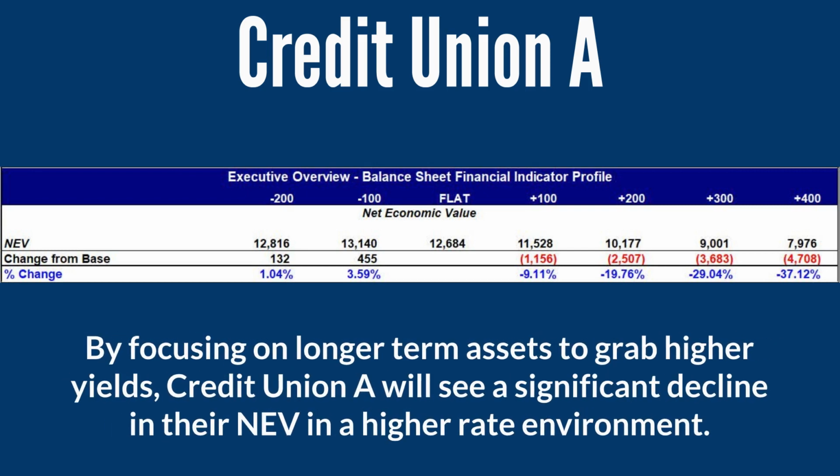Credit Union A has focused on longer-term assets to bring in higher income levels in the current environment. As their ALM reports show, their net economic value faces a 29% decline in the plus 300 environment. While this does not violate policy metrics, it may cause some concern among management, and steps may want to be taken to reduce this risk.